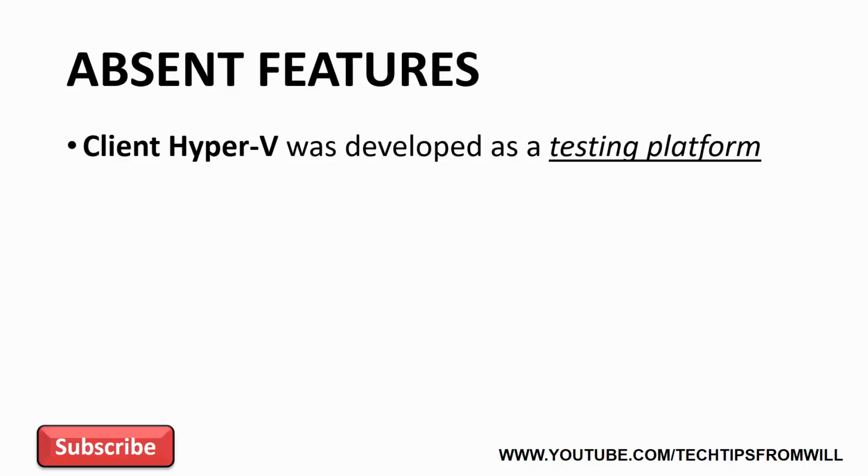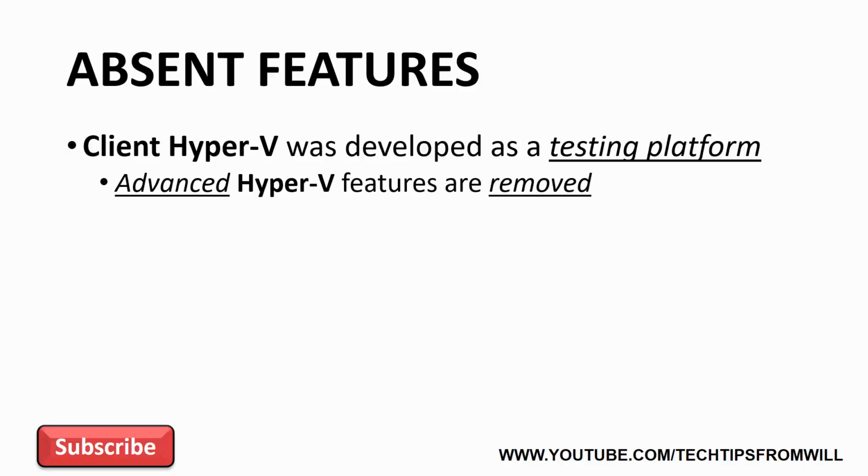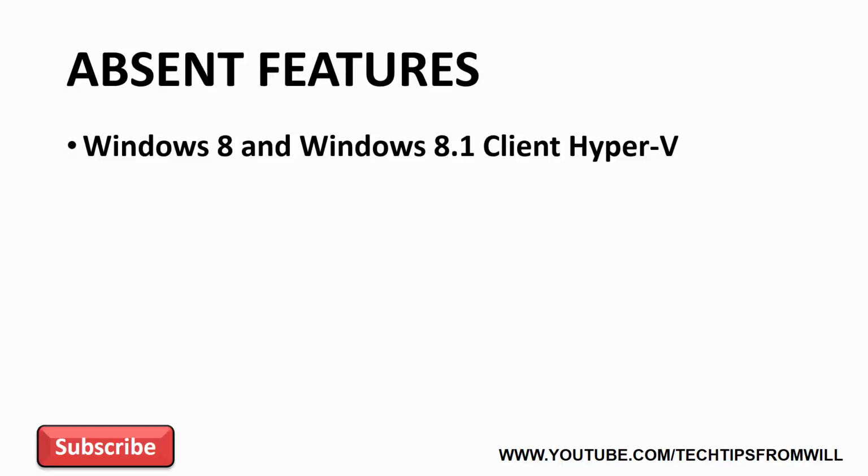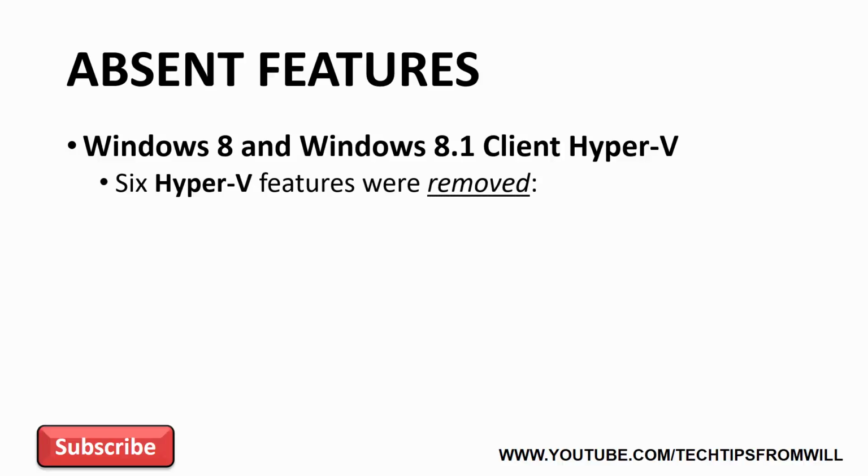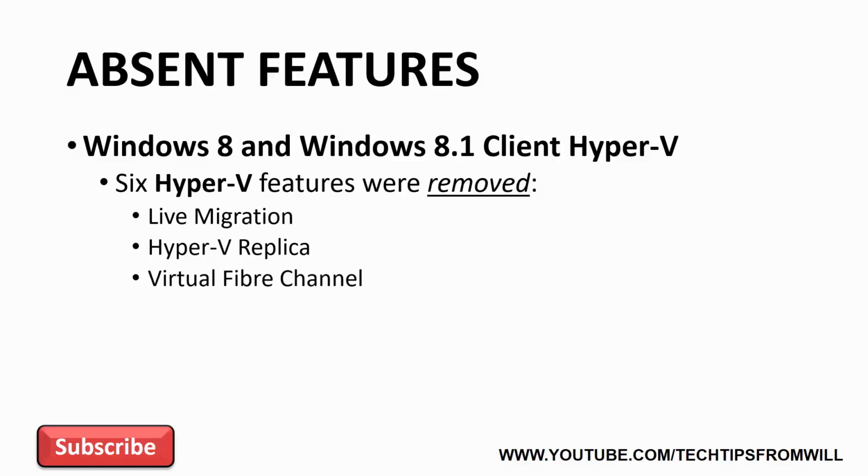Since Client Hyper-V was developed mainly as a testing platform, Microsoft decided to remove some of the more advanced Hyper-V features. That is, there are certain features available in Hyper-V that are not available in Client Hyper-V. When Client Hyper-V first made its debut in Windows 8 and Windows 8.1, 6 notable Hyper-V features were removed. These were Live Migration, Hyper-V Replica, Virtual Fiber Channel, Remote FX, 32-bit SR-IOV, and Shared VHDX.